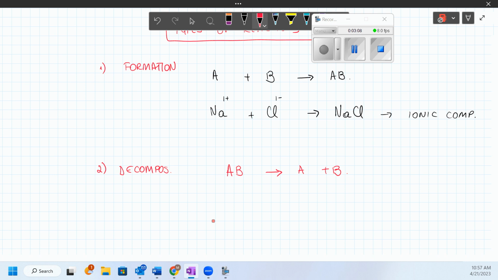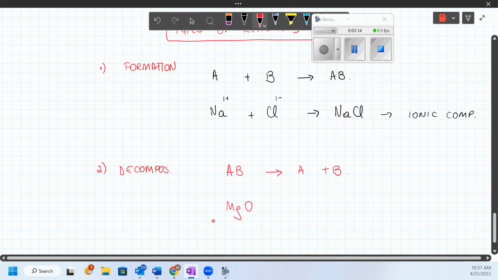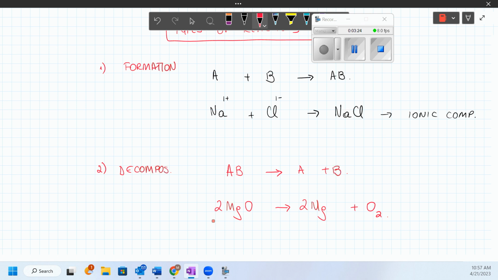An example for it will be, let's say, magnesium oxide. Magnesium oxide is broken down into magnesium and oxygen, which always is O2, which means that when we are balancing it, we will add a 2 in magnesium oxide and magnesium.